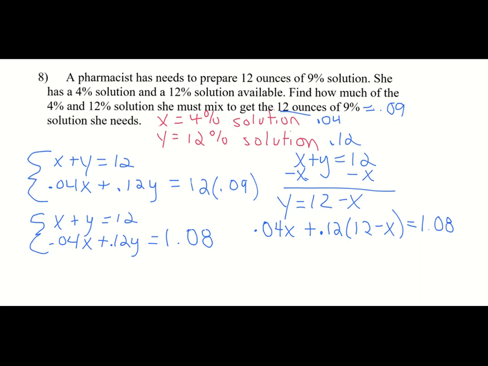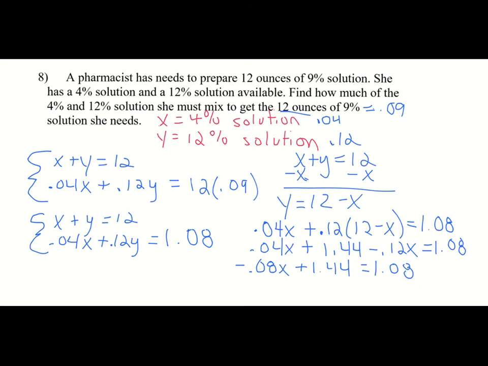When I distribute, I get 0.04x plus 1.44 minus 0.12x equals 1.08. And now combine your like terms. So negative 0.08x plus 1.44 equals 1.08. And then I would subtract the 1.44 from both sides.